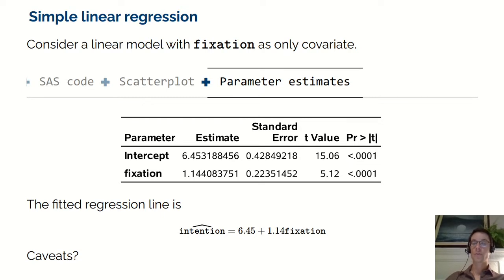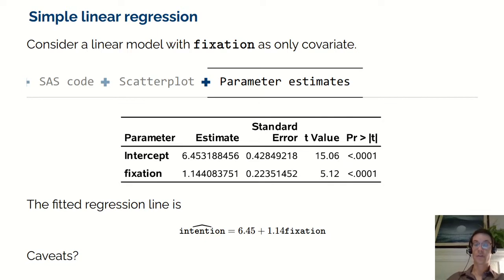So if I were to write down the fitted model, so for y hat, basically you have beta naught hat plus beta 1 hat fixation, so that's 6.45 plus 1.14 times fixation. And so we're ready to interpret this. So, well, what is the intercept first?